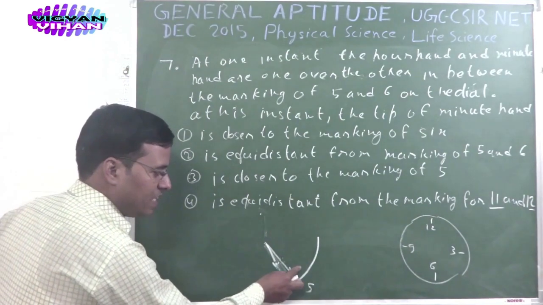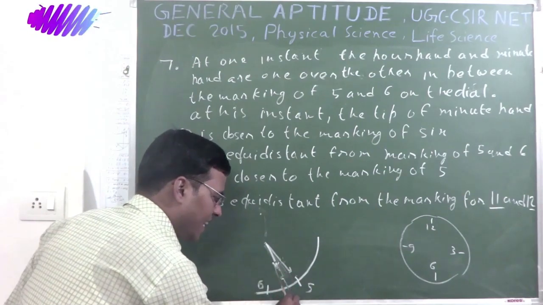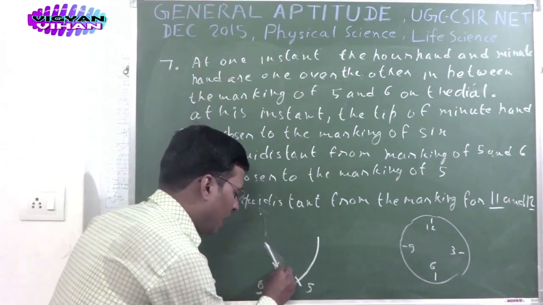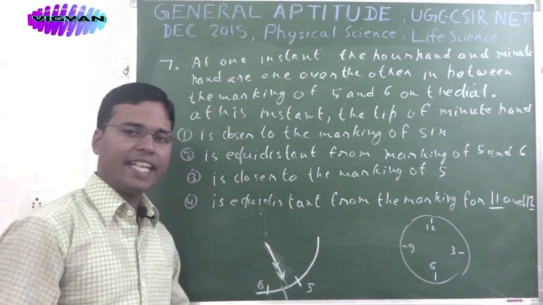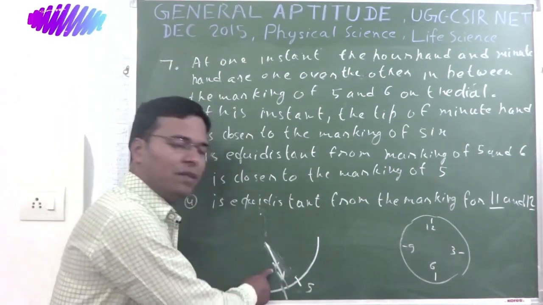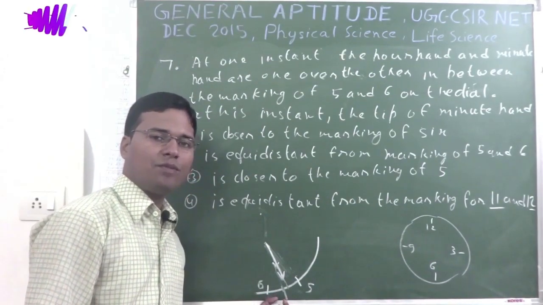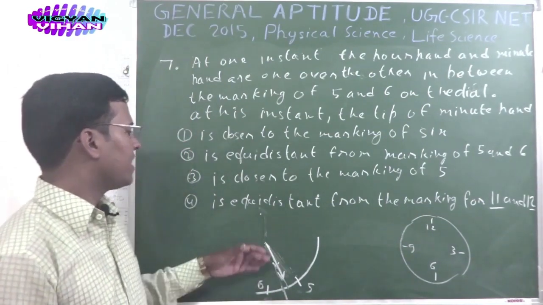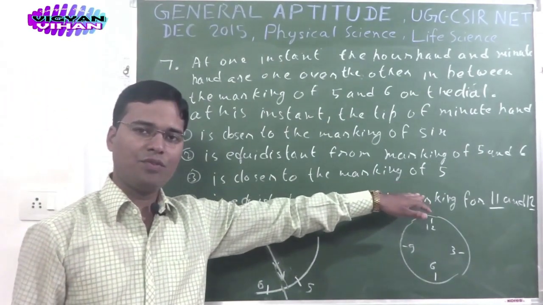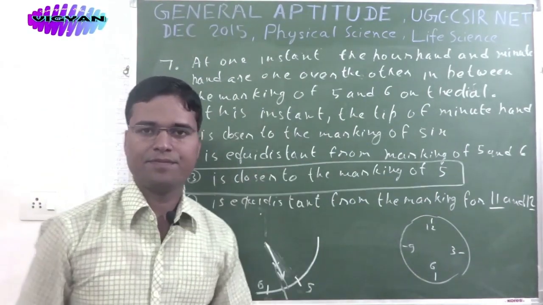But when the minute hand goes to 6, only then will the hour hand point towards the midpoint. When both hands are one over the other, in that condition the minute hand and the hour hand both will be nearer to the marking 5 than the marking 6. So the correct answer of this problem is that it is closer to the marking of 5. That's the correct answer of this problem, option 3.